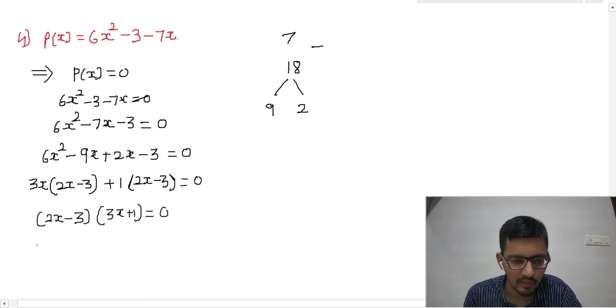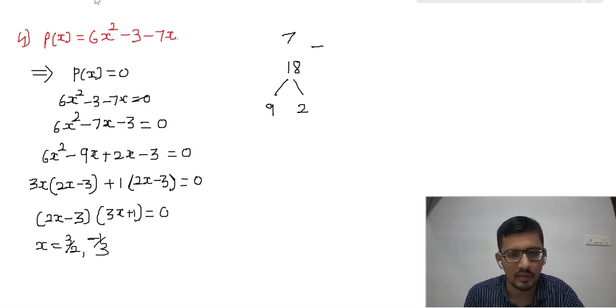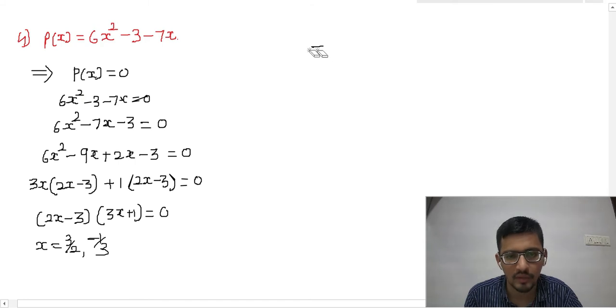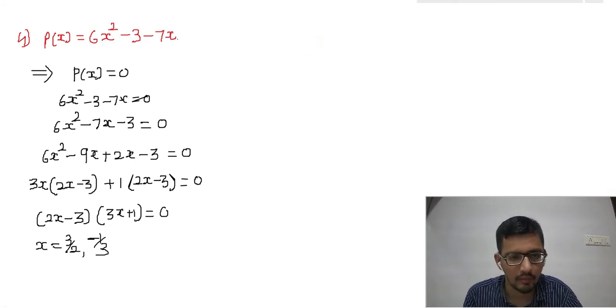So what are the values of x? Equating this to 0, we get 3 over 2, and equating the other to 0, we get minus 1 over 3. These are the roots, or zeros, of this quadratic polynomial.